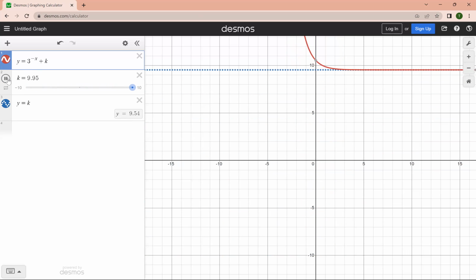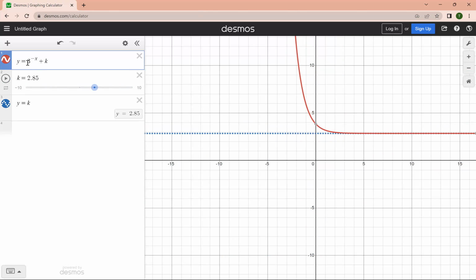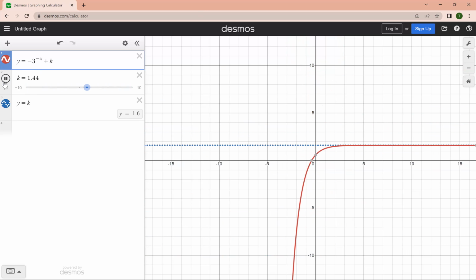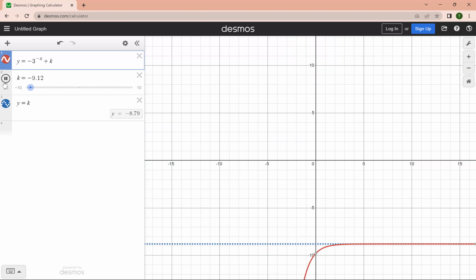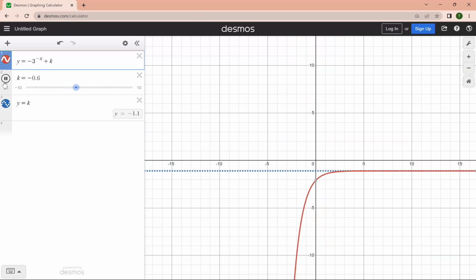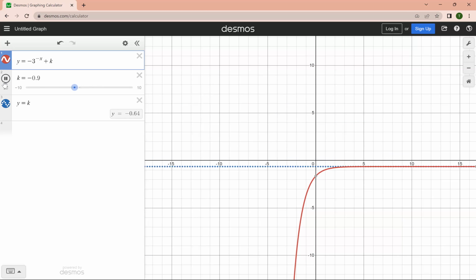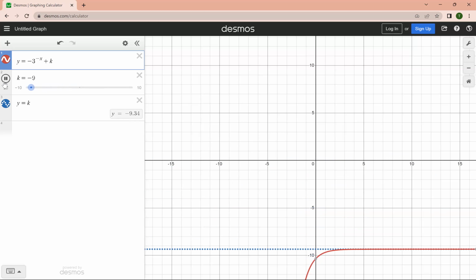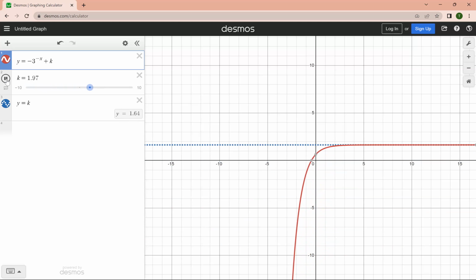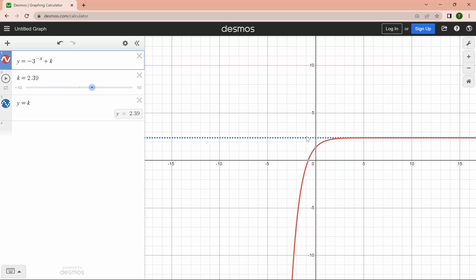Now what if I flip it over the axis? Do you see how that red line just keeps moving with it? So the conclusion here is that there's nothing I can do that makes this red curve cross this blue line. There's just no way to do it.